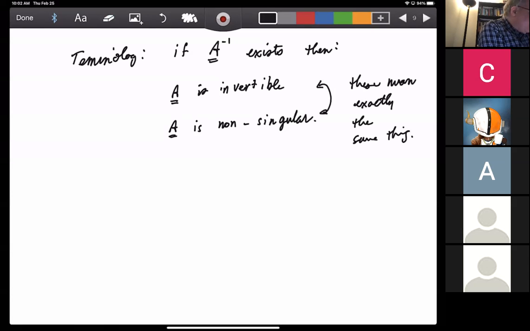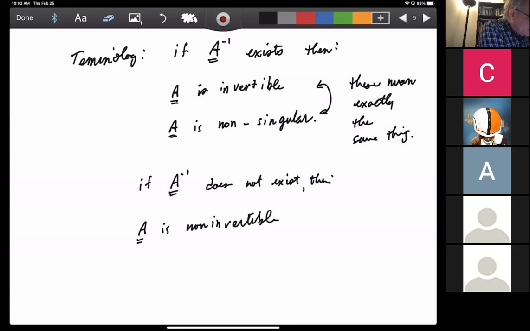Invertible or non-singular just means that the matrix has an inverse. If A inverse does not exist, then we say that A is non-invertible, or A is singular. Again, these are just two different ways of saying the same thing.